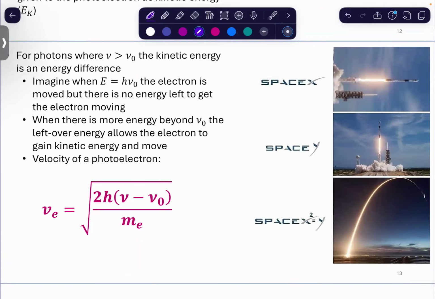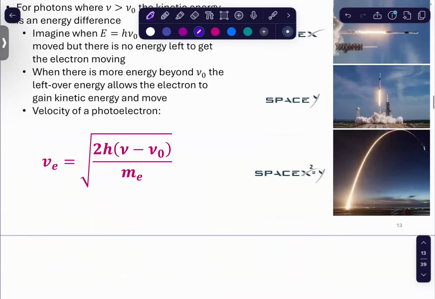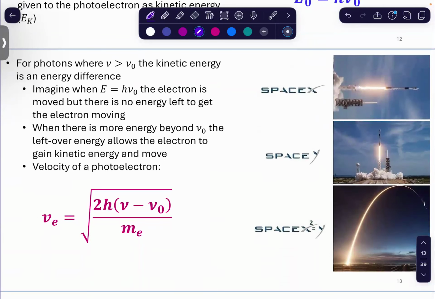And that kinetic energy is really going to be governed by an energy difference. And so you think, well, what is the minimum energy needed for electrons to escape? Did I give myself room? Okay. And that's going to be your energy where your frequency is the threshold frequency, or nu zero. And then how much energy is left over to transfer to the electron?